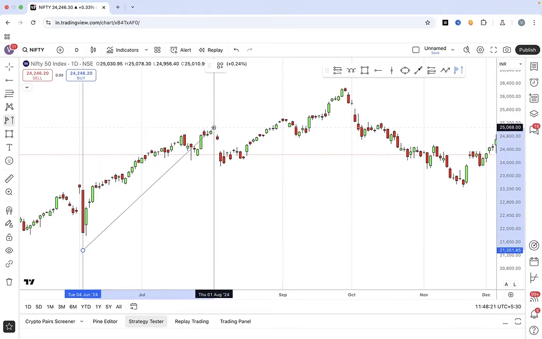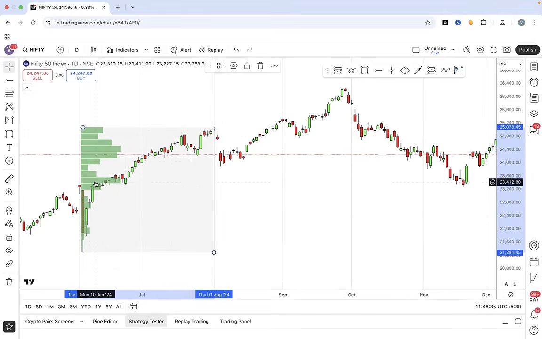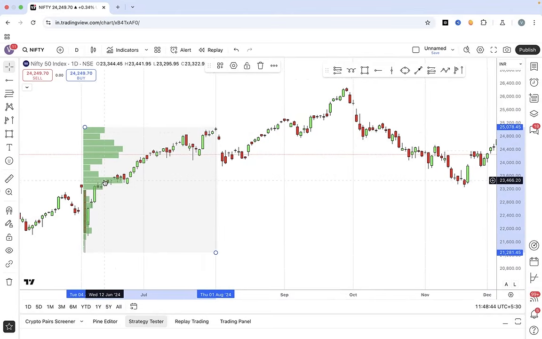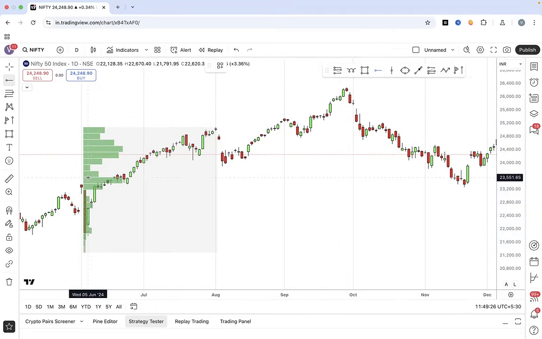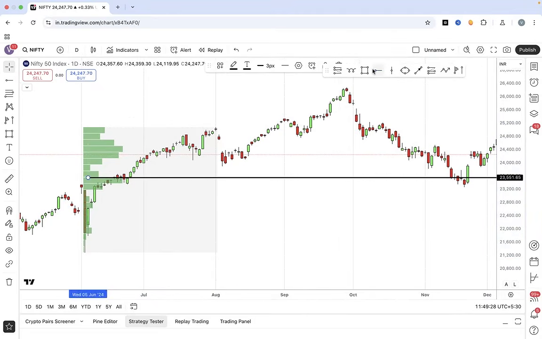You can see that it will show you the profile till this swing high, right? It is showing you the highest volume bars here. The one on top you should ignore, and then you can come here and mark that high volume bar. This is the high volume bar on your Nifty daily time frame, and you can see that this is where exactly Nifty took the support and started going up.